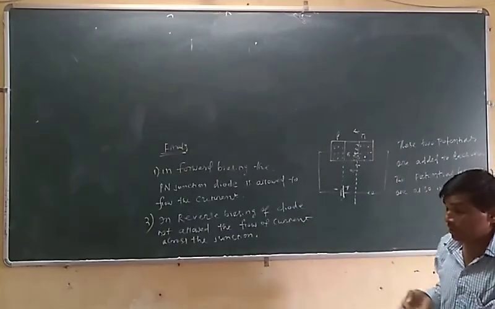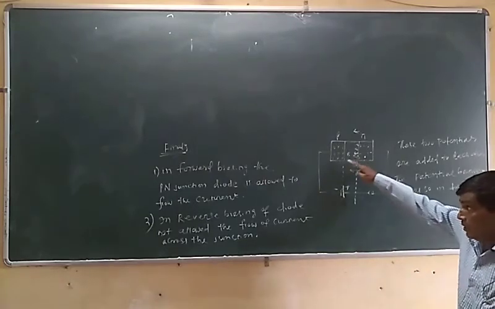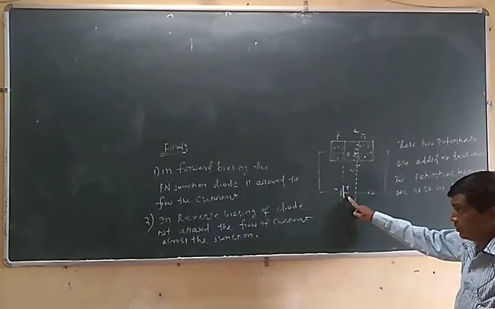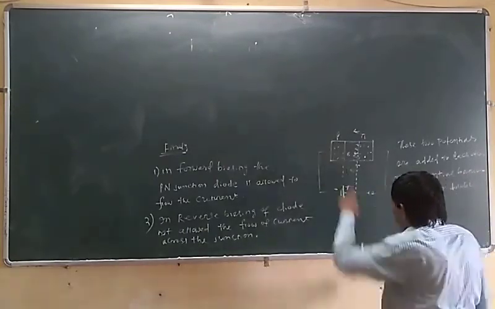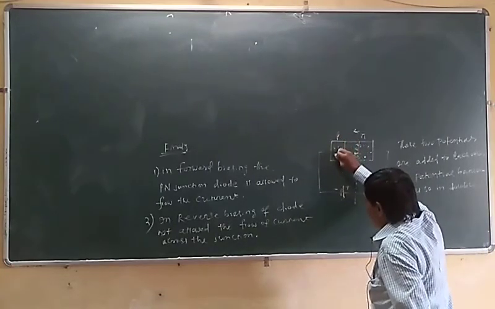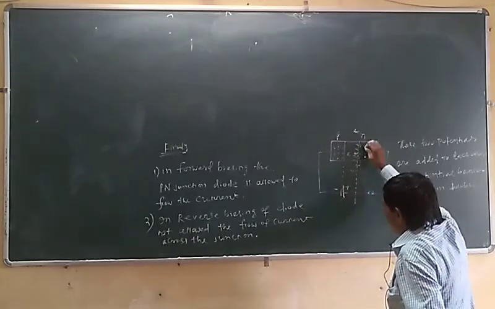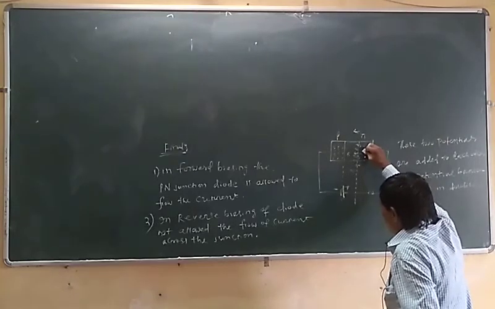In reverse biasing, the minority charge carriers of the p-type semiconductor are electrons, but in the n-type semiconductor, the minority charge carriers are holes.